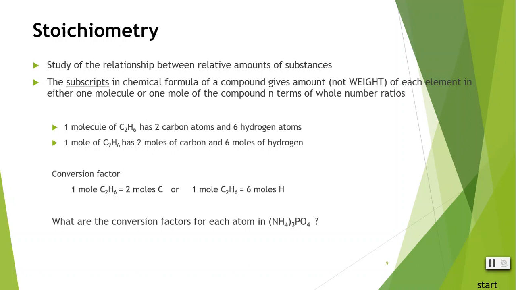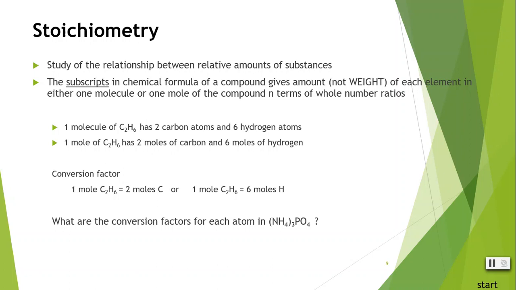make up that substance. So for example, if I had this hydrocarbon C2H6, you know from chapter 2 that one molecule of C2H6 is going to have 2 carbons and 6 hydrogen atoms. I can take that ratio on a single molecule level and put it on a mole level.